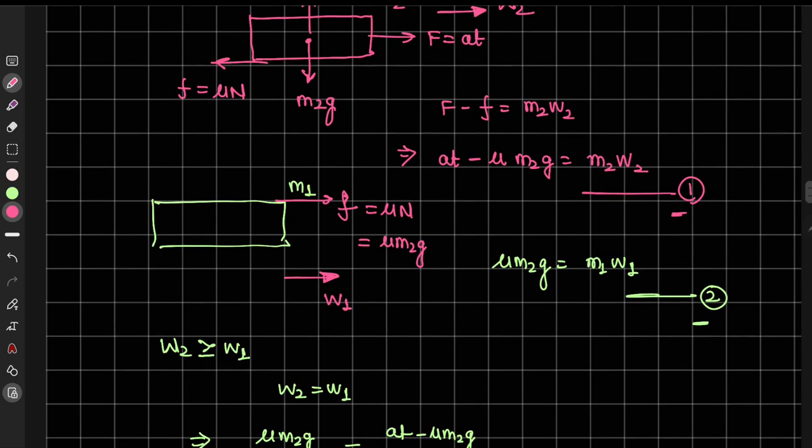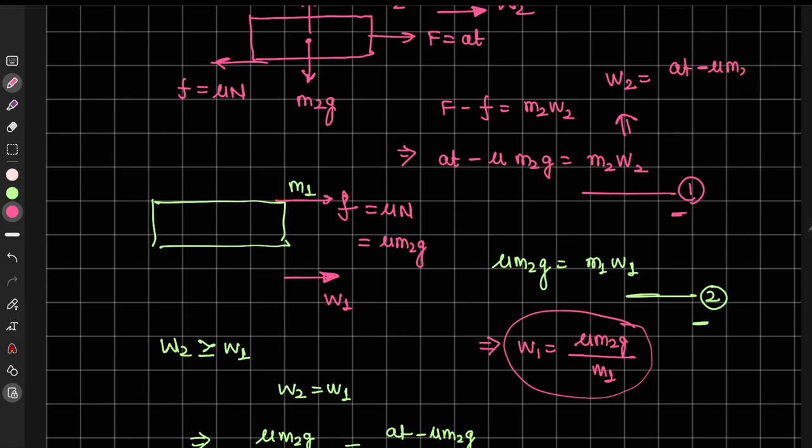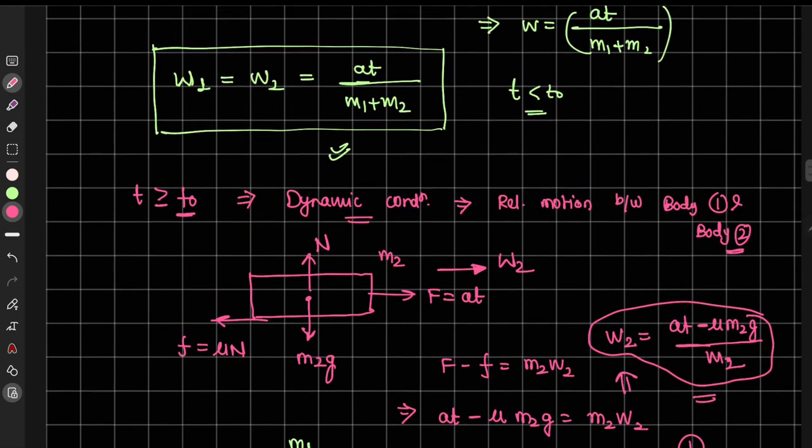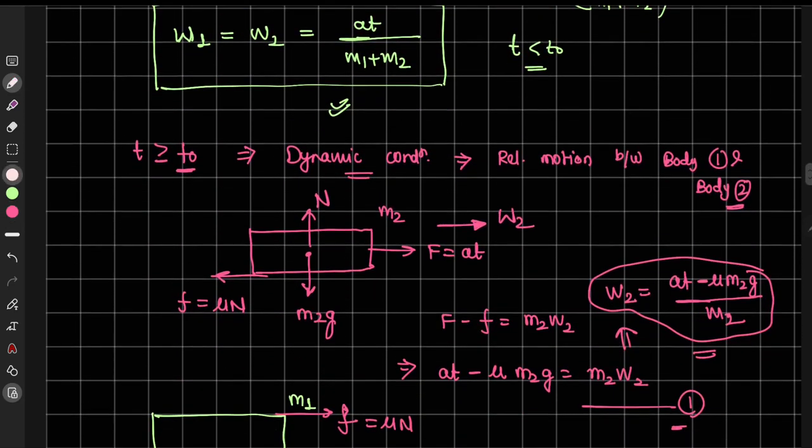So from here we can write w1 is equal to mu m2g whole divided by m1, and the acceleration of mass m2 we can write as w2 is equal to AT minus mu m2g whole divided by m2. So this is the acceleration of mass m2, and this is the acceleration of mass m1 for t greater than or equal to t naught. Okay, so let us write the acceleration function again.